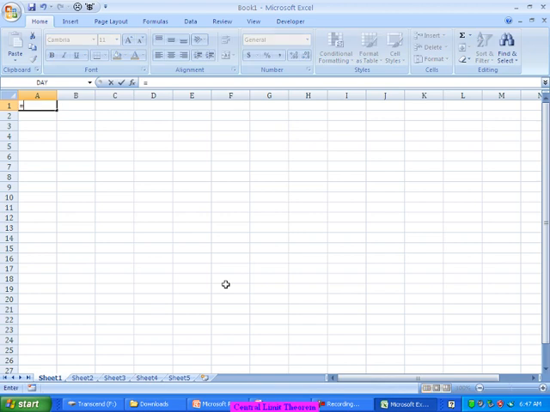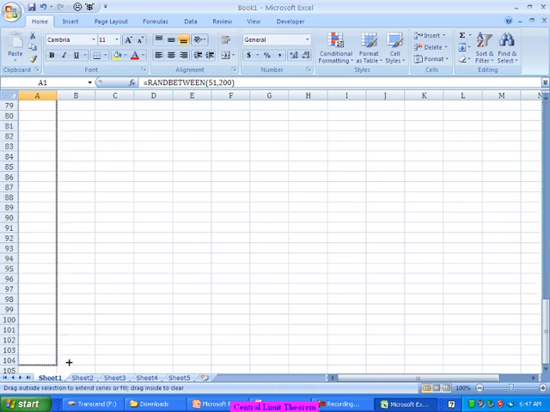I'm taking some values randomly between 51 and 200. So let's assume there is a data whose values are lying between 51 and 200.